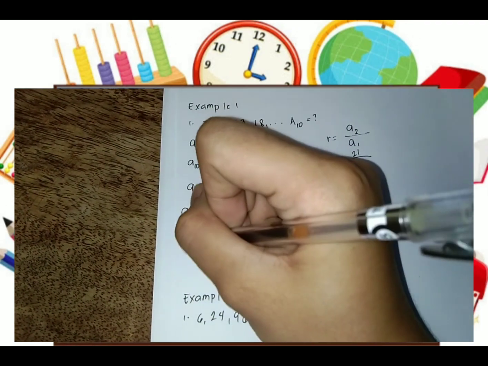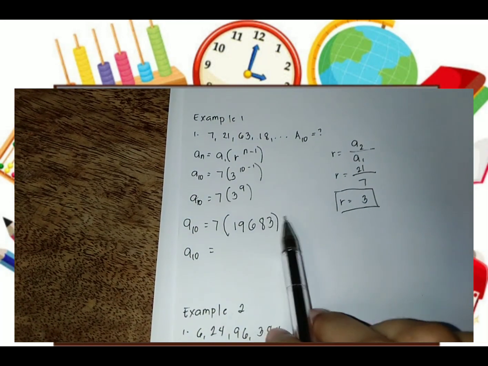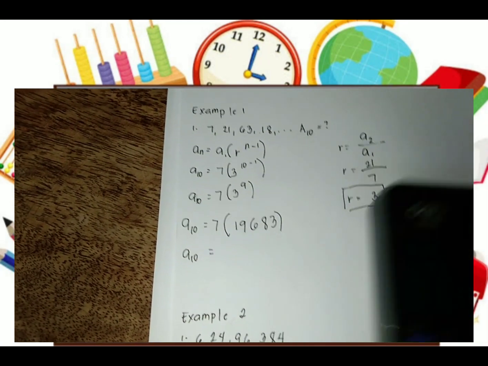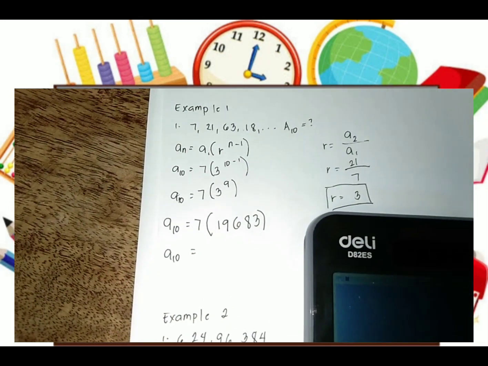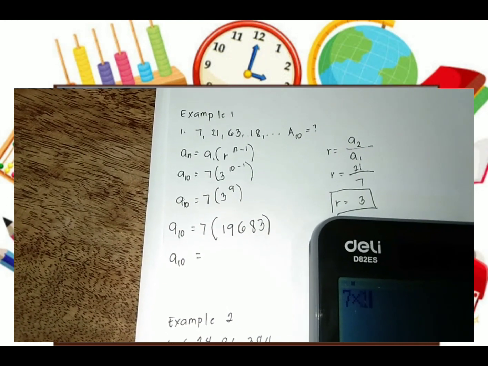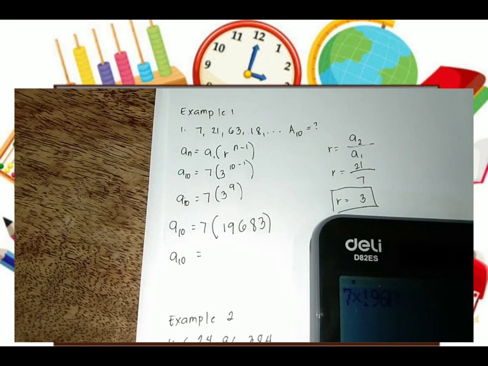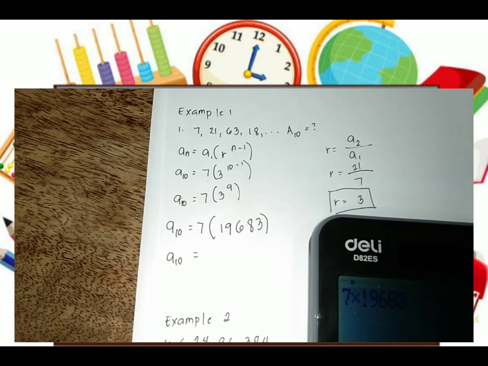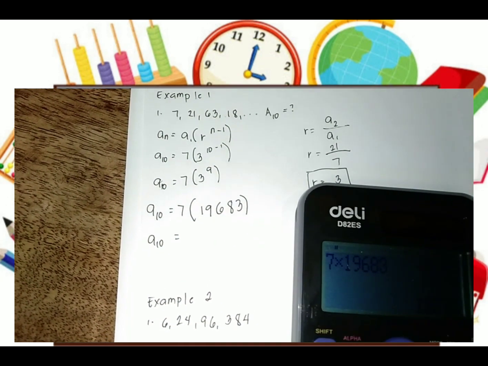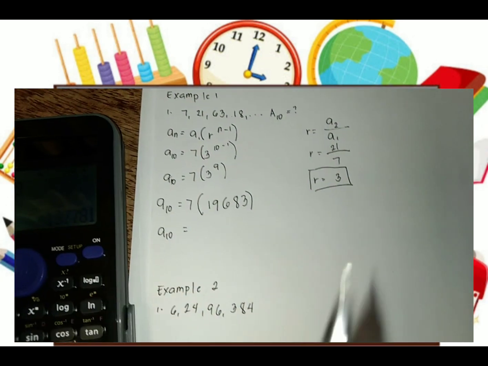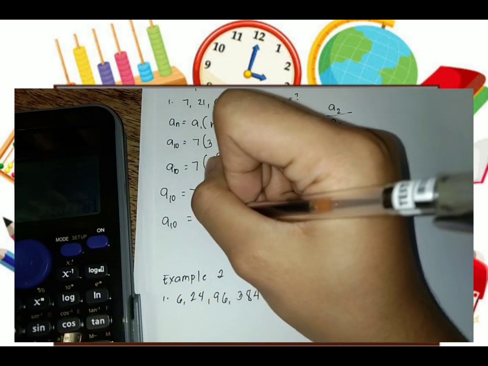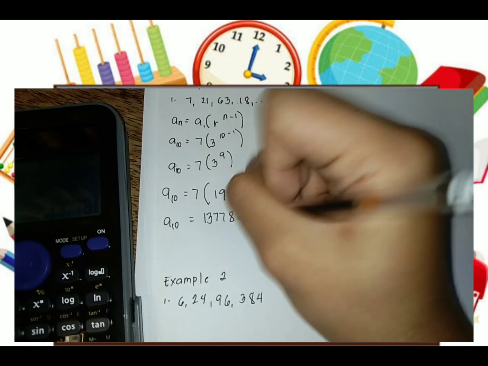So a sub 10 is equal to, we will multiply it now, 7 times 19,683 is equal to 137,781.